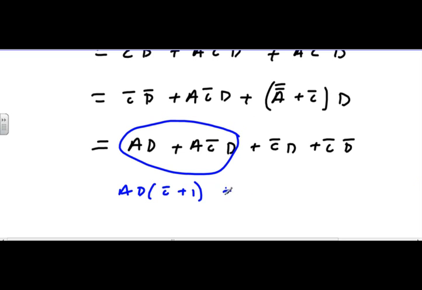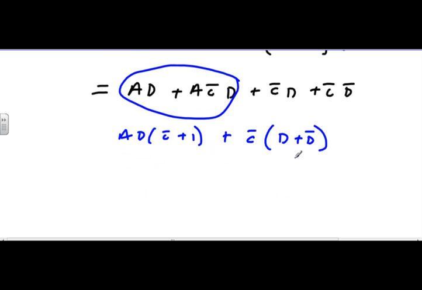I look at these guys here and I have C naught, D, or D naught. Now, D or D naught's going to be 1. So I just have C naught there, and I have AD here. So I have AD or C naught, and I'm done.